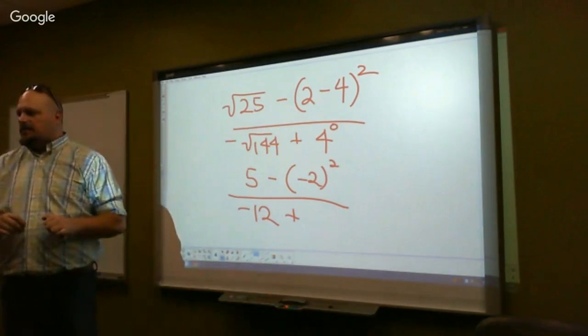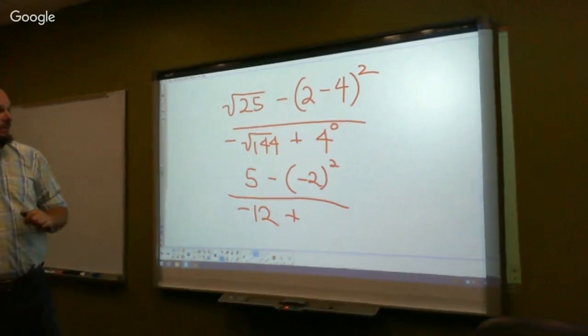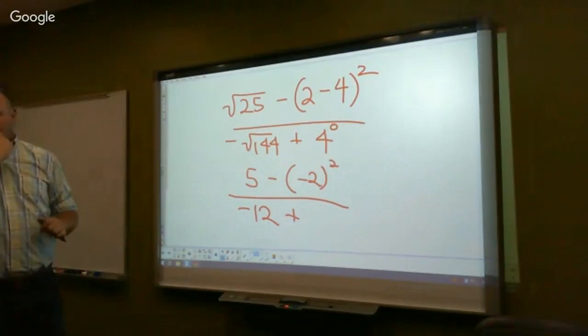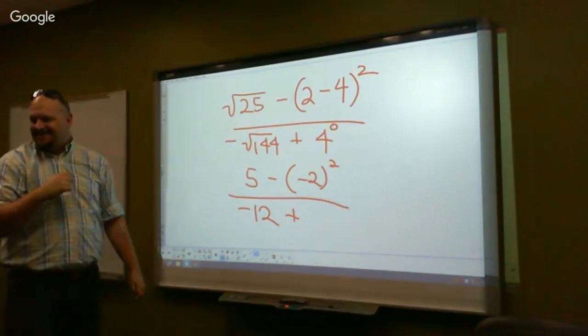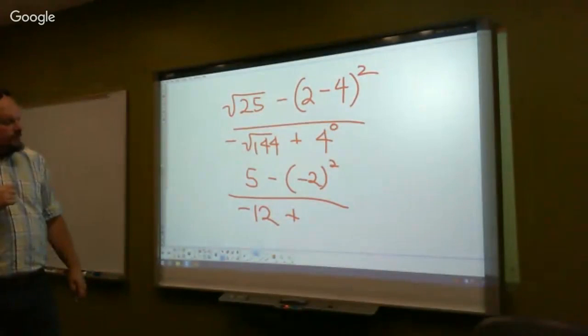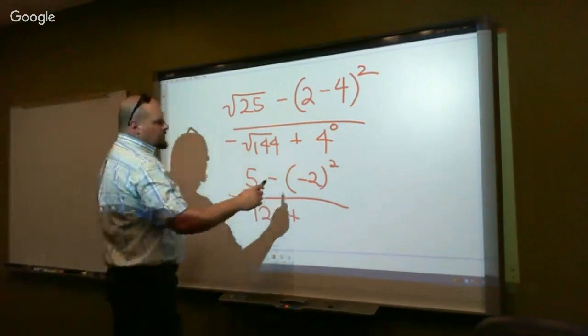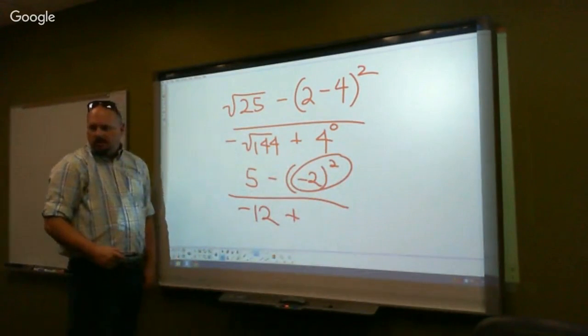Can I have another question real quick? It's for the numerator, something different. Up there, that negative 2, the minus does not matter right now. What really matters is 2 squared.